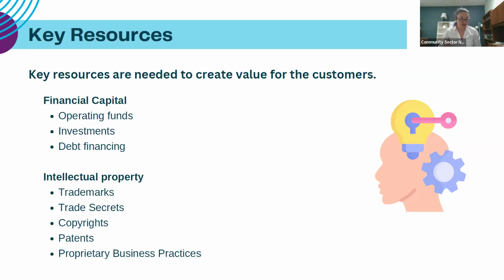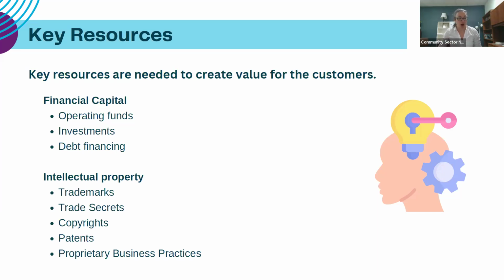And these key resources, your human, intellectual, financial, and physical resources, will be dependent on whether you are in a production related activity versus a problem solving activity. So key resources for production related activities might be more in terms of your physical resources, because you'll need space to produce and equipment to produce.